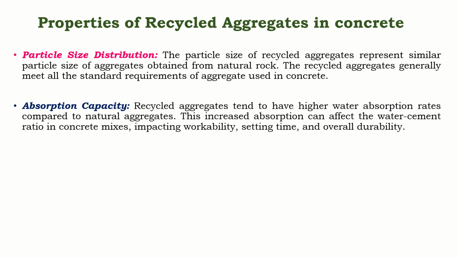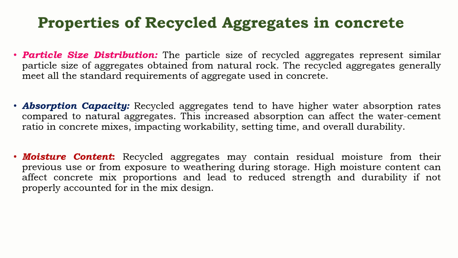The absorption capacity of the concrete is a little high, because the absorptive capacity of recycled aggregates is high when compared to natural aggregates. So overall, the workability can be impacted, the setting time will be impacted, strength and durability will be impacted.